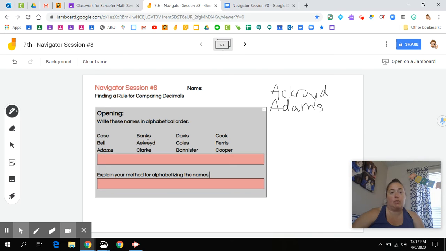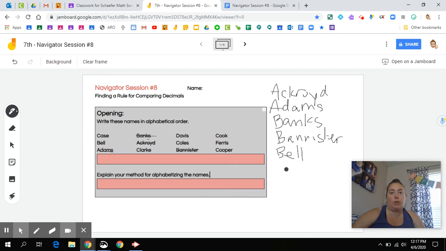If I think about my ABCs, K would come before N. So next would be Banks. And then Bannister would come next. And then I'm going to cross those out since we've used them. And then I could think about using my last one, which starts with B, which is Bell.